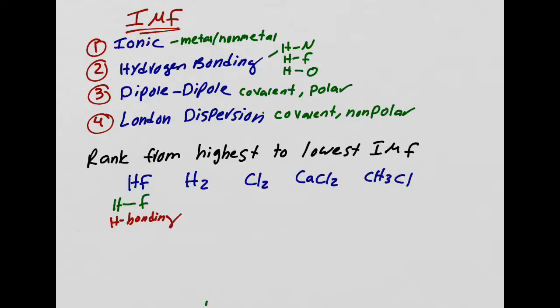Alright, now, does it have dipole? It does have dipole, and here's why. Is HF polar or non-polar? HF is polar. So yeah, it also has dipole. I'm going to call it dip. Again, consider hydrogen a non-metal.